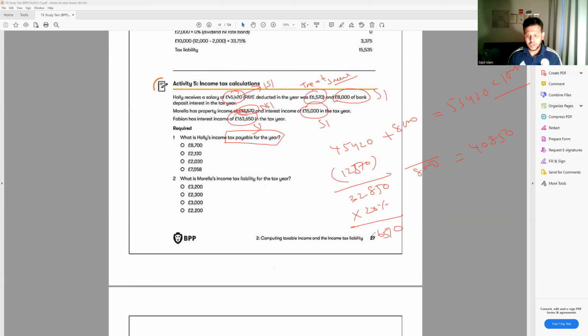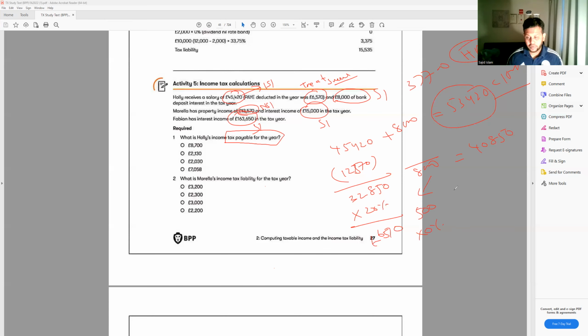For the savings, if I were a basic rate taxpayer, the first 1,000 would be tax free. But we need to be careful, because my total income is 53,420, which is more than 37,700. So I'm a higher rate taxpayer, and I get only a 500 allowance. The first 500 is zero rated, and for the rest of the 7,500 I have to pay tax.